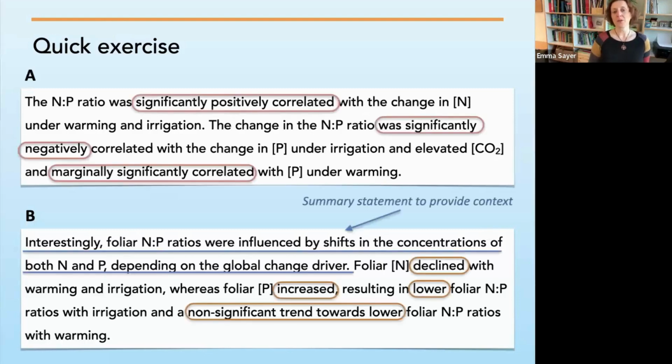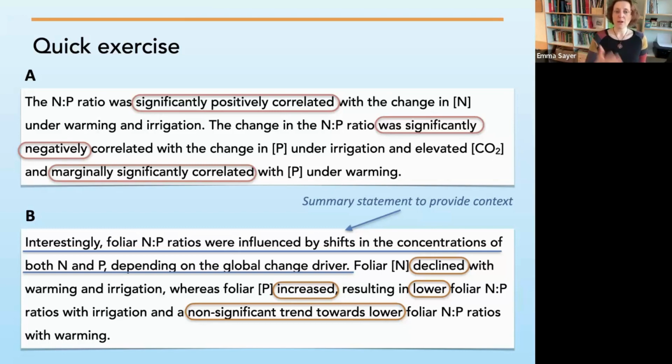And the reason it becomes really hard to understand is that A is written in statistical terms. So for me, it's significantly positively correlated. I have to think for a moment. Okay, that means that as N concentrations increase, so does the NP ratio. And then that one's negatively correlated. And then the last one doesn't even tell me which direction the correlation goes.